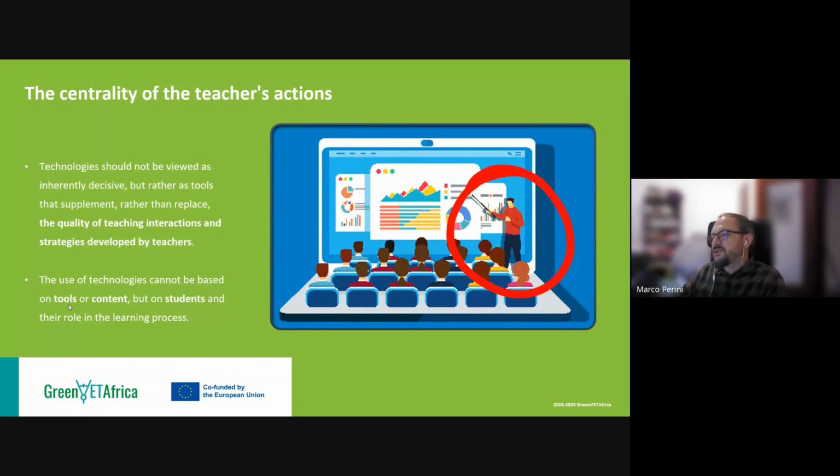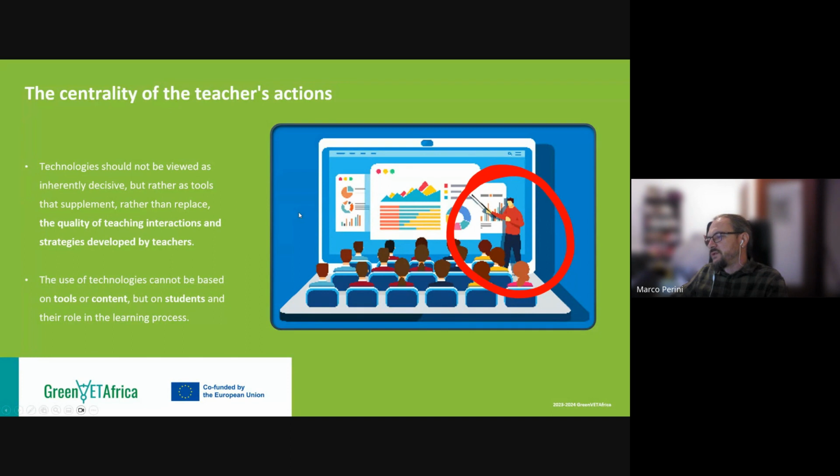The use of technologies cannot be based on tools or content, but on students and their role in the learning process. Okay? When we design our course, our lesson, our teaching activities, we cannot base these activities on the tools or on the content that we are going to teach, but we have to center our design on the students.